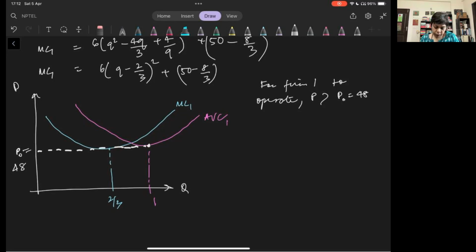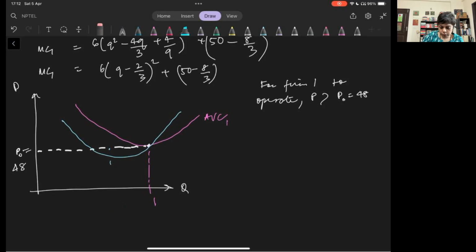Now, let me see what is happening. Let me modify this diagram a little bit, because if you see at Q equal to 1, marginal cost is also equal to 48. So it's actually something like this. Not very proper. Okay, it's just something like this.